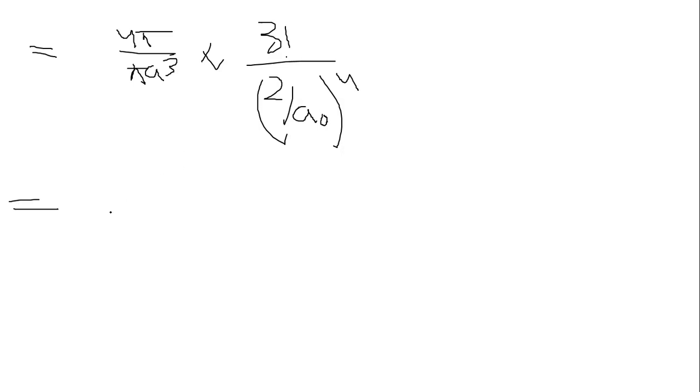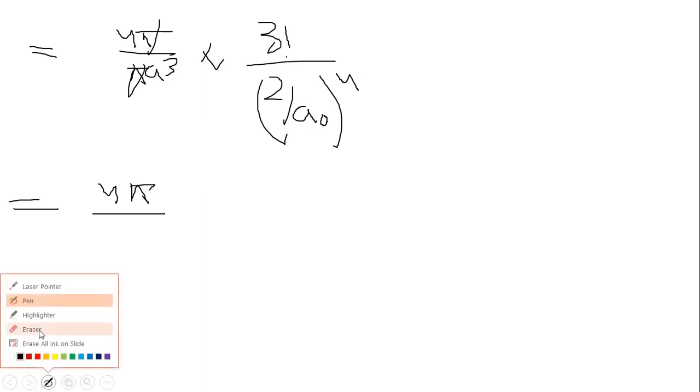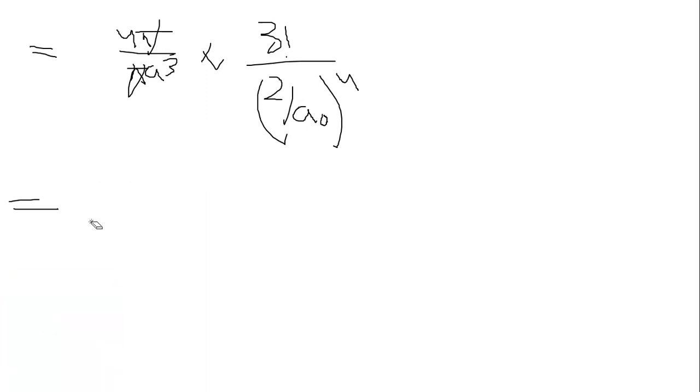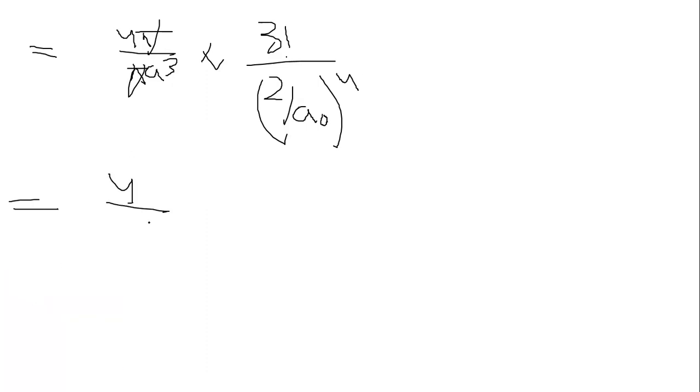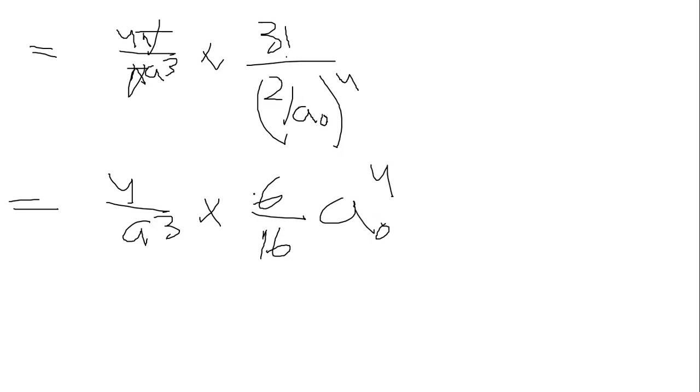So when you calculate it, pi will be cancelled out. It will be 4 by a0 cube into 6 by 2 to the power 4, and 2 to the power 4 is 16, and it is a0 to the power 4.